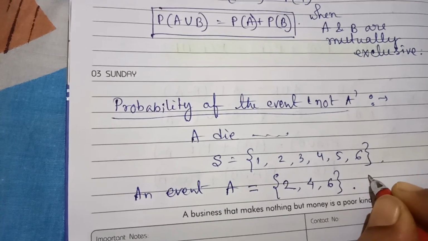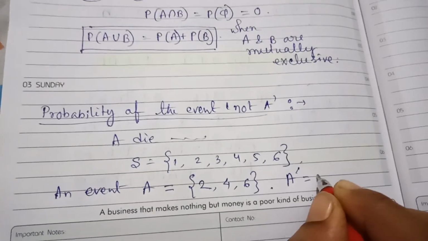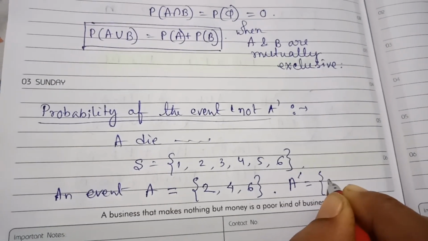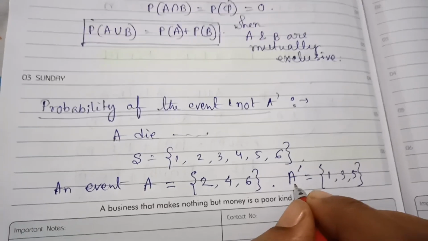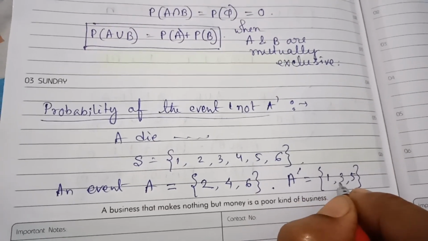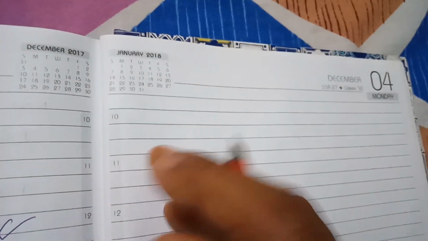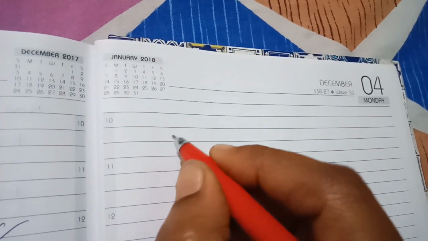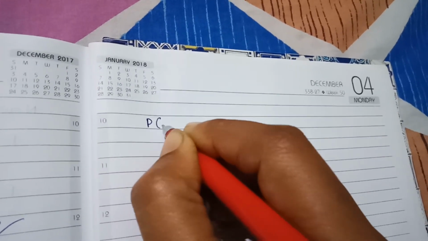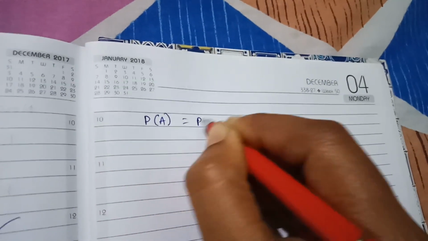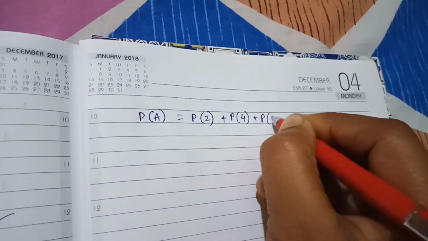Therefore, A complement will be quite obvious. It will be 1, 3 and 5. Or you can write not A also. Now, if the outcomes are equally likely, then we can write P of A equals to P of 2 plus P of 4 plus P of 6.